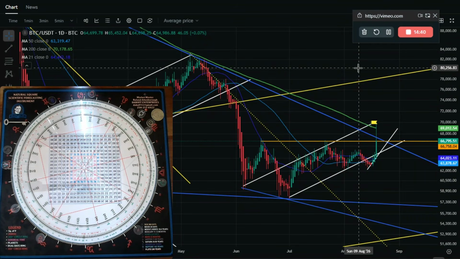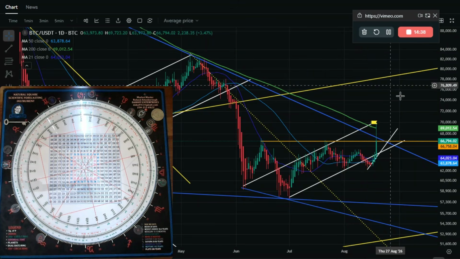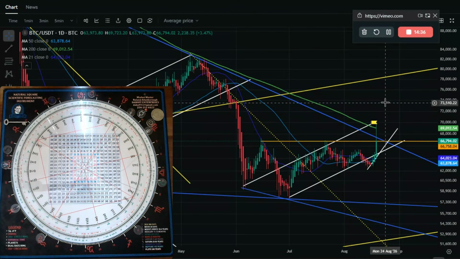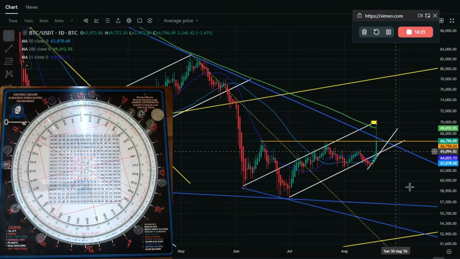Do I think that we can get up to those levels? Well, it's going to take a significant amount of energy to move back up, given the fact that we're in the midterms and we're almost through this bear market cycle. It looks an awful lot like we're about to return down to some low levels.